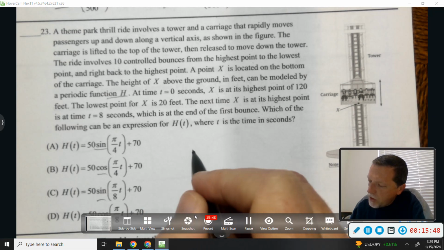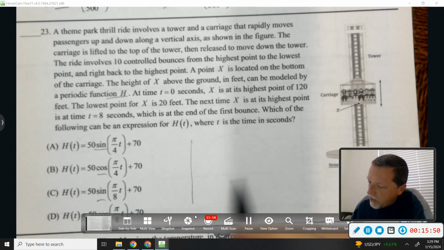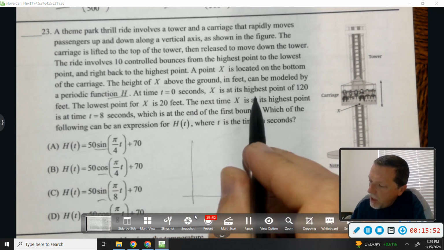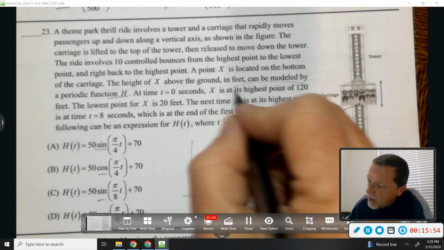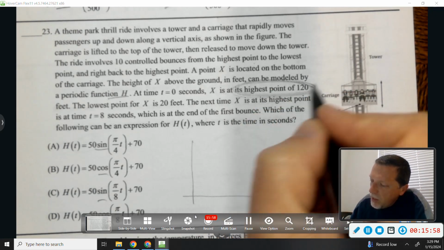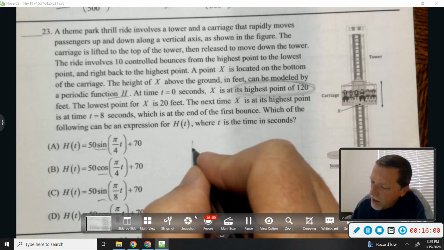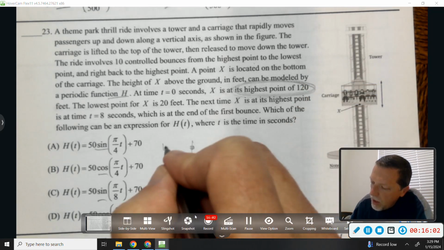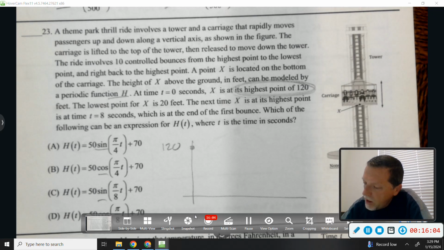At time equals 0, this is where I start to sketch this thing. X is at its highest point. That sounds like I'm starting at a maximum. That makes me think cosine. The highest point is 120.